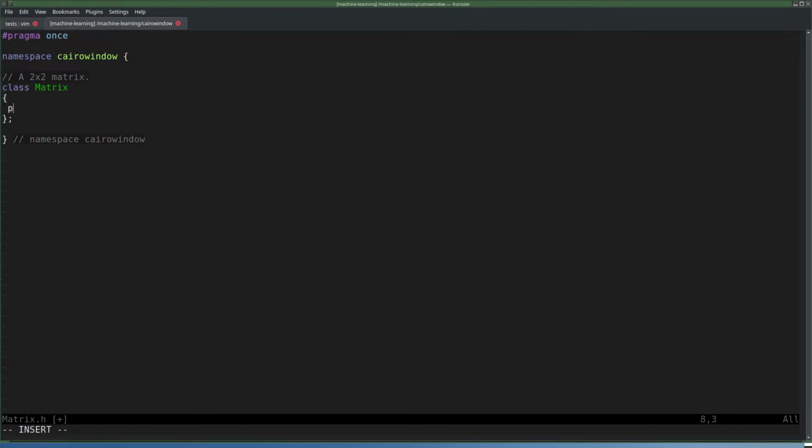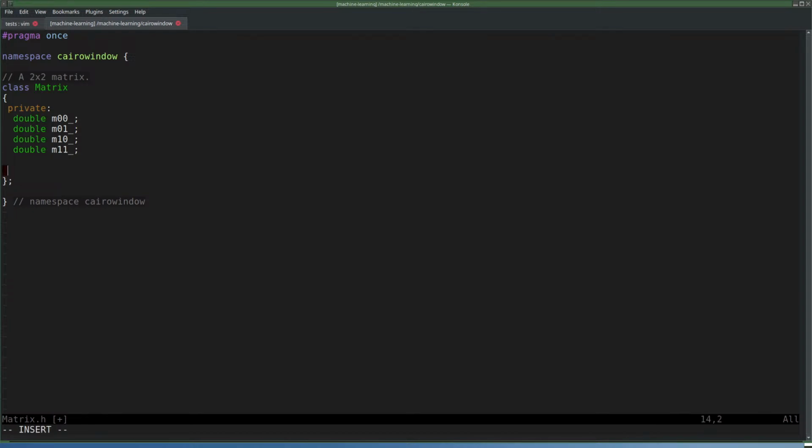And so we have private stuff like double M00, double M row 01, double M row 1 column 0, double M11.